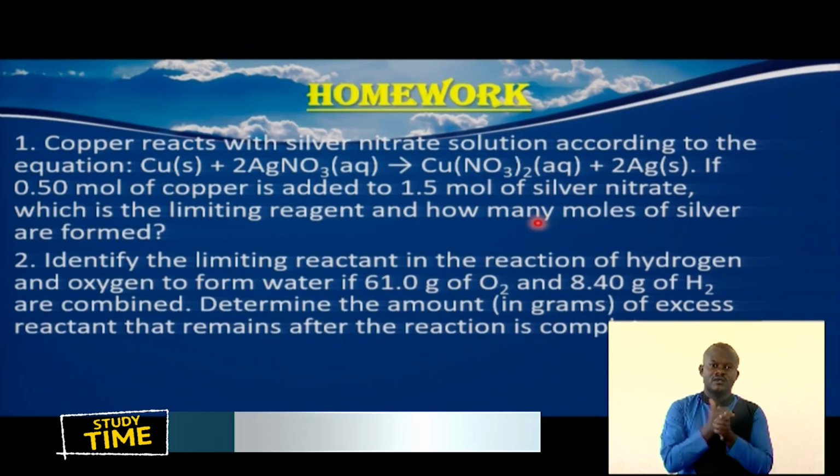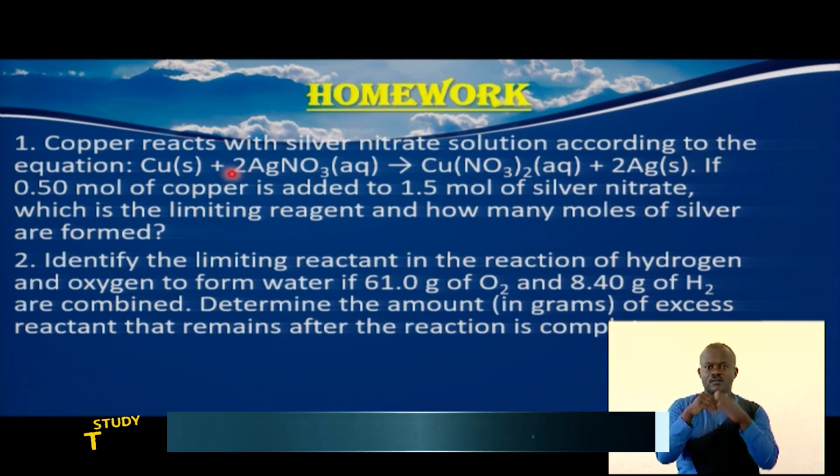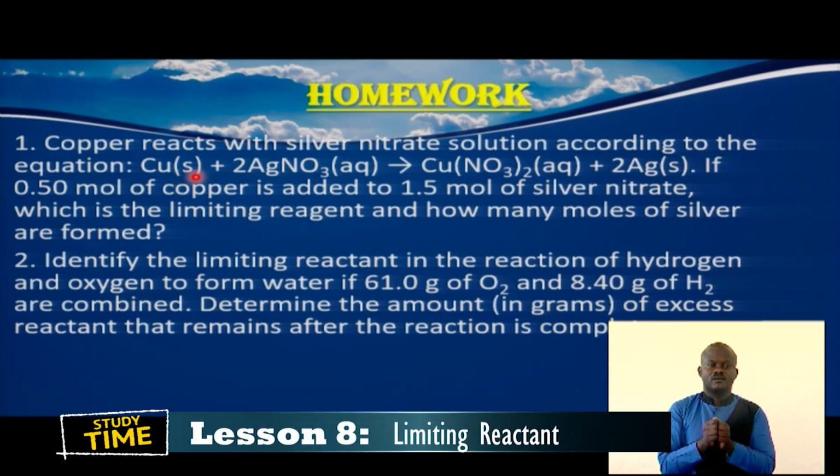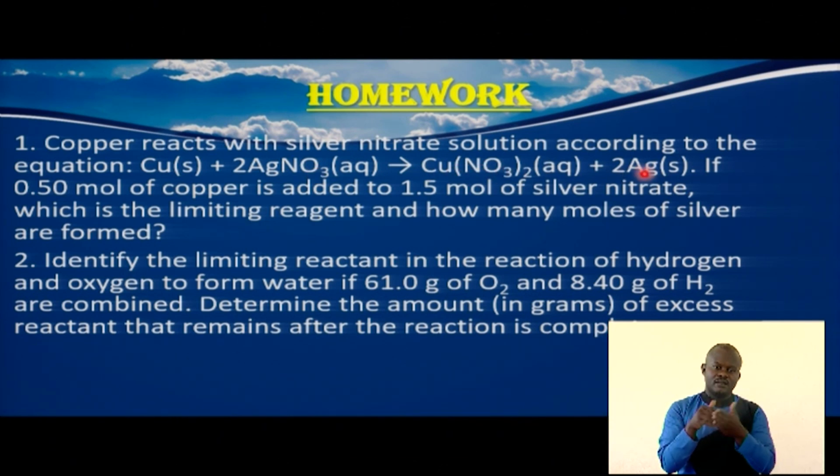And here we have your assignment. As usual, we always give you an assignment to try and check your level of understanding. Copper reacts with silver nitrate solution according to the equation: copper plus silver nitrate to produce copper nitrate and silver.